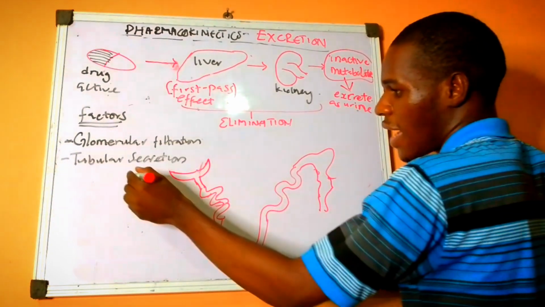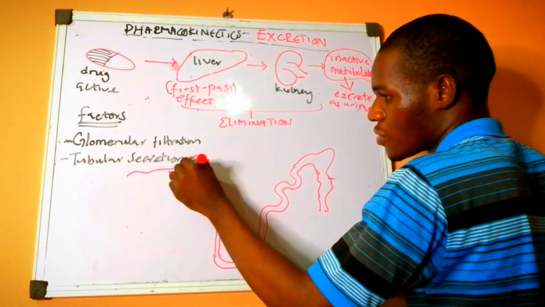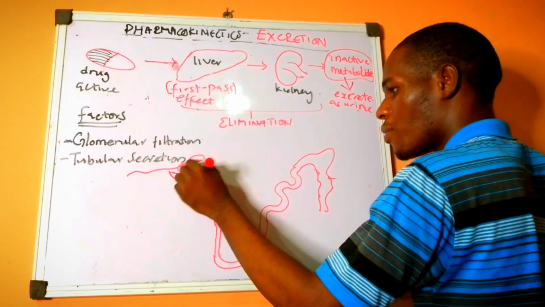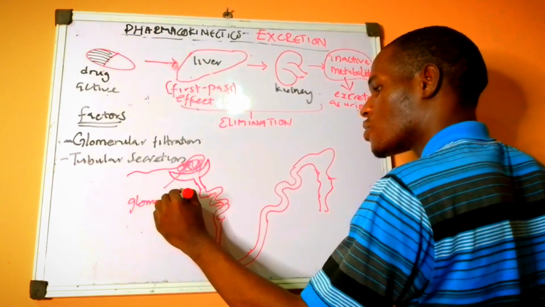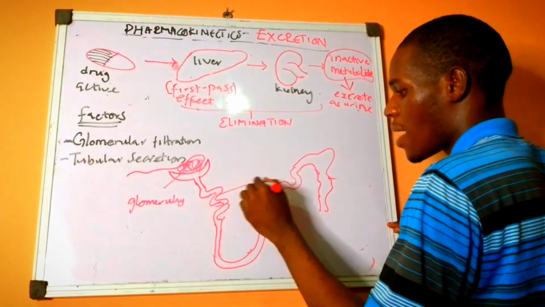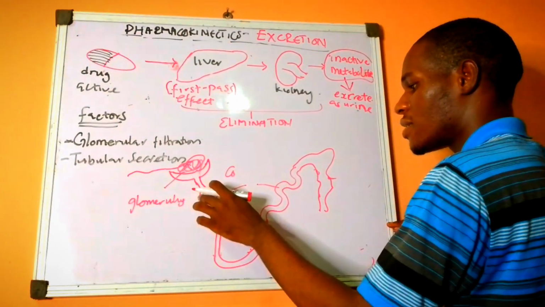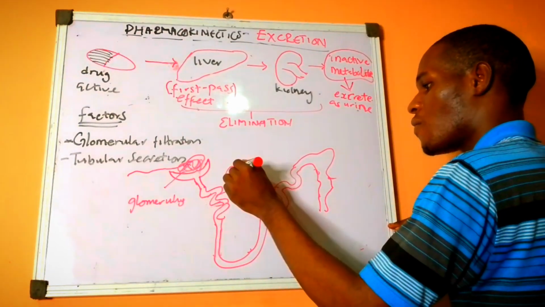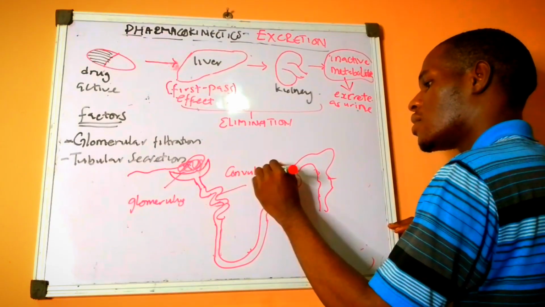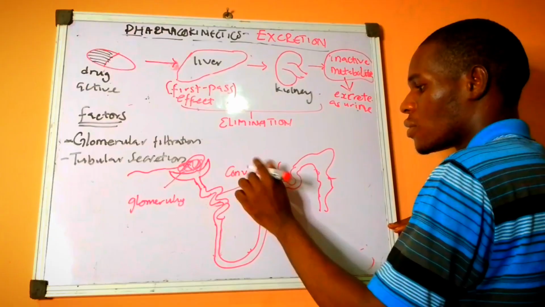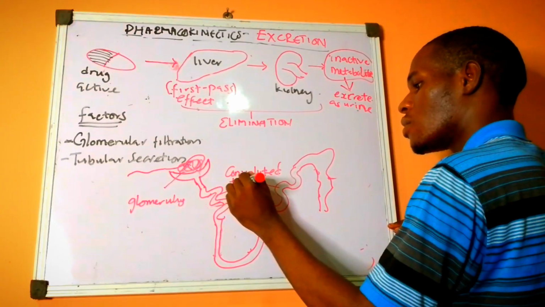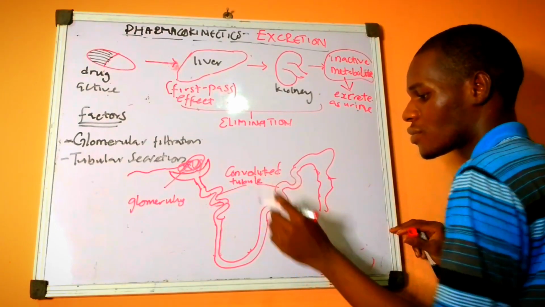So you can see that I have my blood vessels, which are coiled up at the site called the glomerulus, and there I have my convoluted tubules, proximal and distal convoluted tubules.